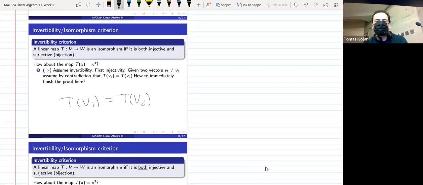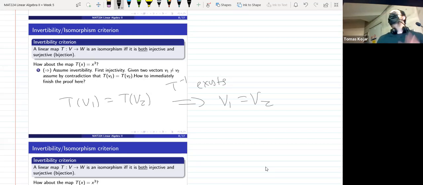You know that T inverse exists, so how can I get a contradiction?